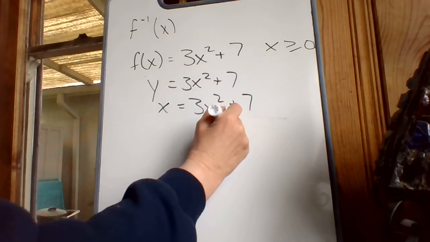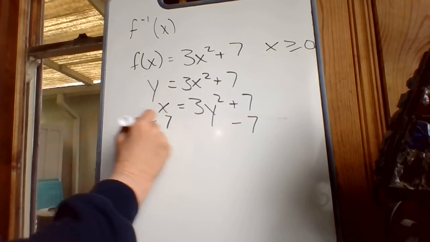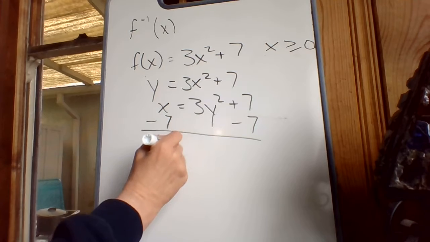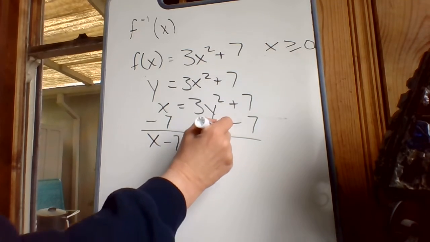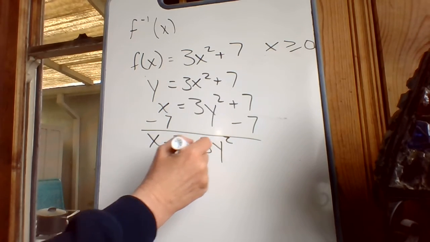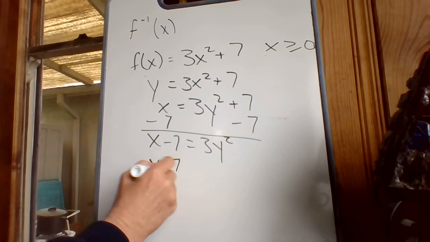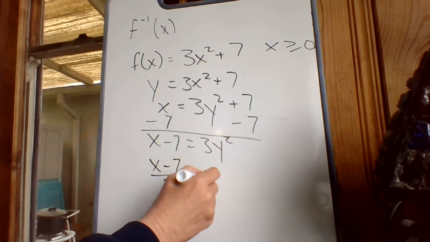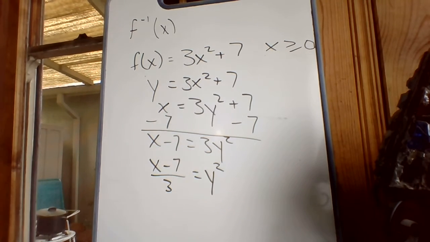Okay, I'm trying to get y by itself. Divide by 3. And here's where that is supposed to come in.